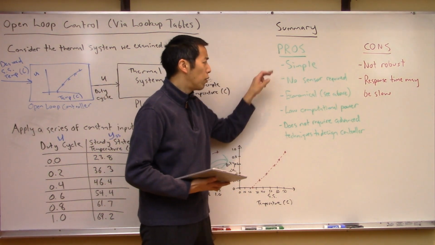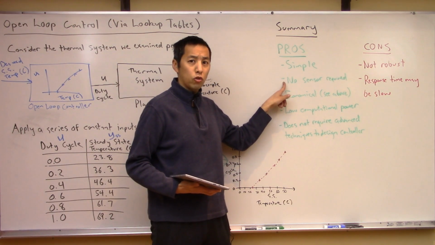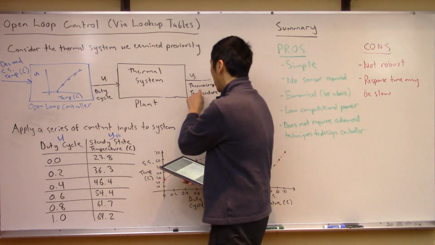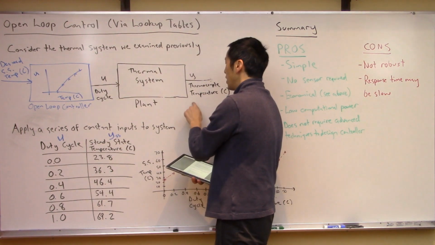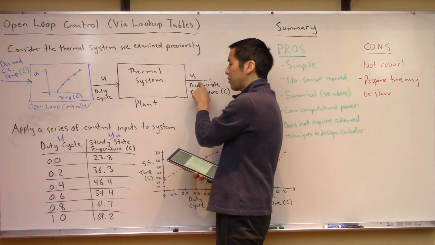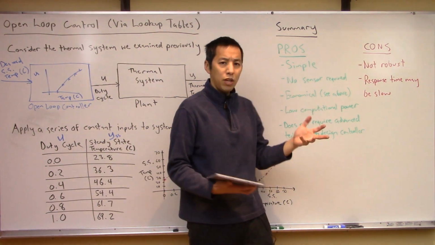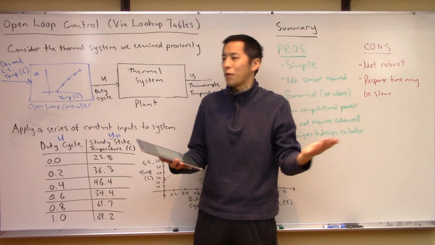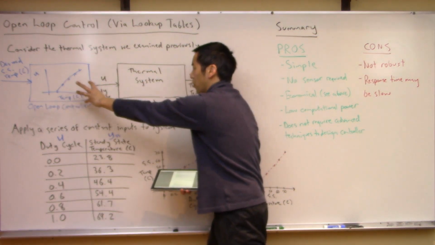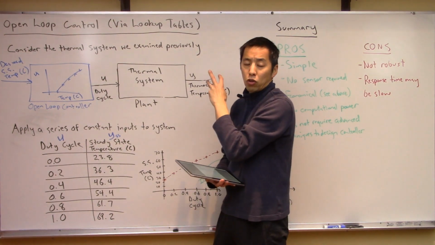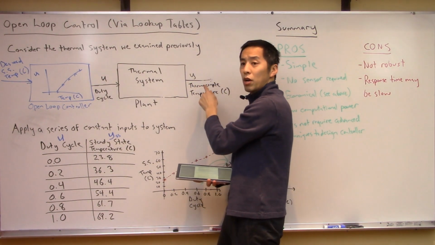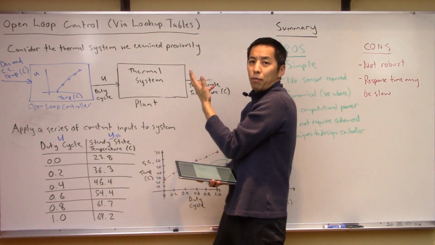So it's simple. The other thing that is attractive about this system is that because we are not feeding back the temperature, or the output signal, you don't need any sensors, because your controller is not changing or switching its behavior based on this. So why even measure this? You don't need to purchase sensors.